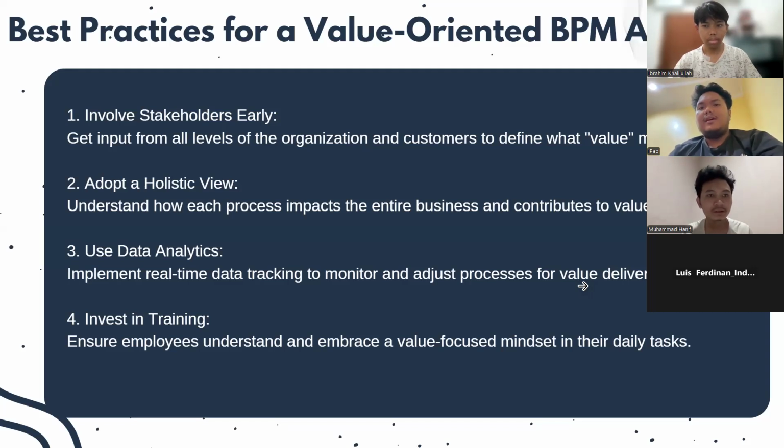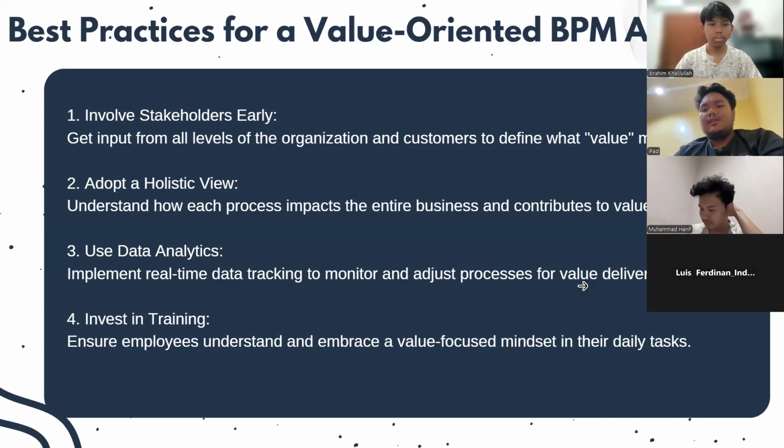Okay, so the best practices for a value-oriented BPM approach. The first one is involve stakeholders early. That means get input from all levels of the organization and customers to define what value means. Second one, adopt a holistic view.